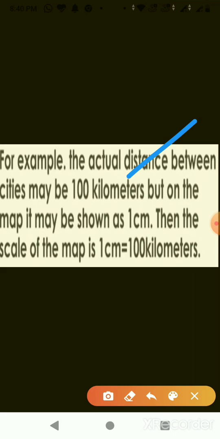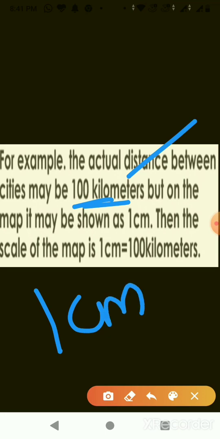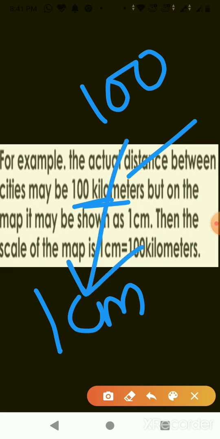For example, the actual distance between cities may be 100 kilometers, but on the map it may be shown as 1 centimeter. Are you all getting, children?